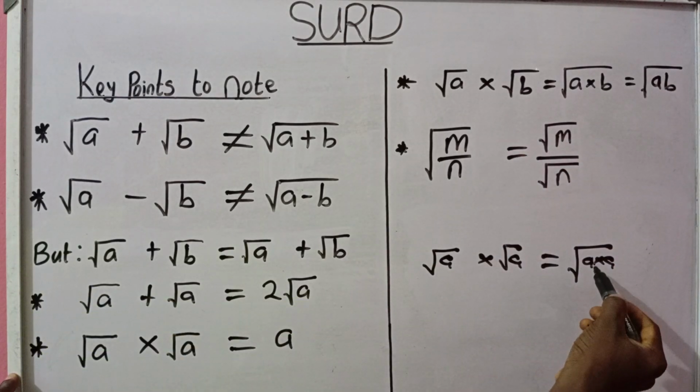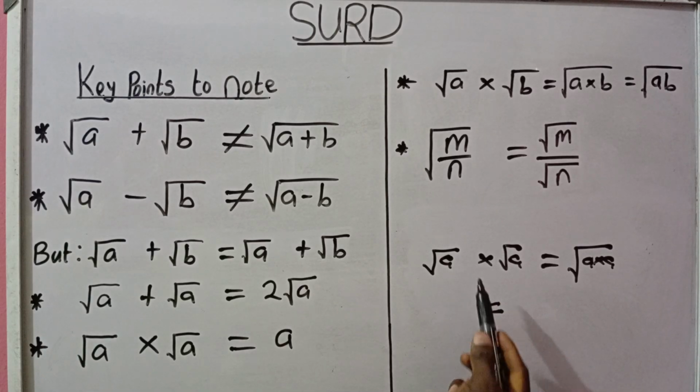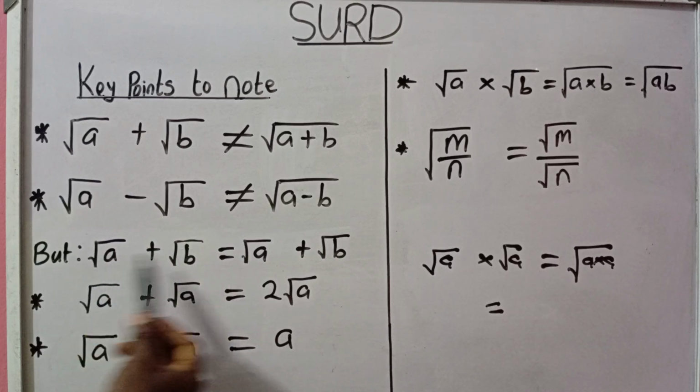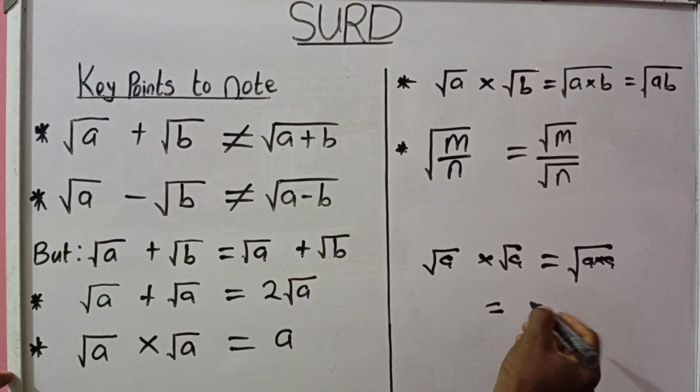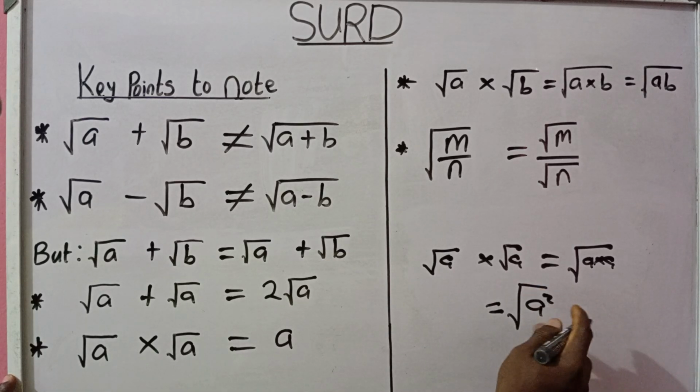When we say A multiplied by A, we can bring them together in terms of multiplication, but in terms of addition or subtraction, we cannot bring them together because they are unlike terms. So here we are going to have it as root A to the power 2.